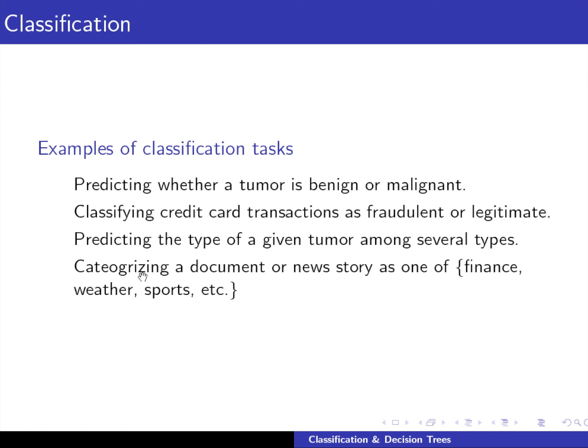Is a topic finance, weather, sports, etc.? You can imagine this might be done by certain keywords, but for unsupervised, you would want it to actually find the clusters in the documents itself and not have those labels. We're in the supervised case here, so we would start with a series of stories that were classified like finance, weather, sports, and so on, and then we would test it on some news stories and see how they came out, and then see if they got the labeling right.